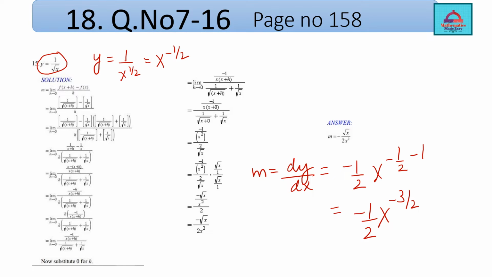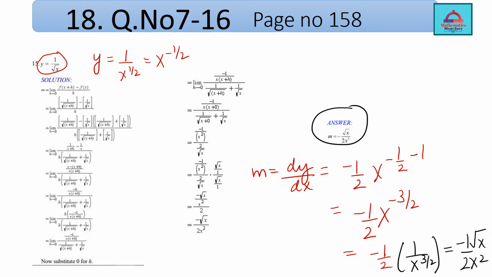So this can be written as minus 1 by 2, and you bring the x down, so x to the power 3 by 2, which is the same as minus 1 by 2 x square to the power this. So if you check your answer, it is the same.